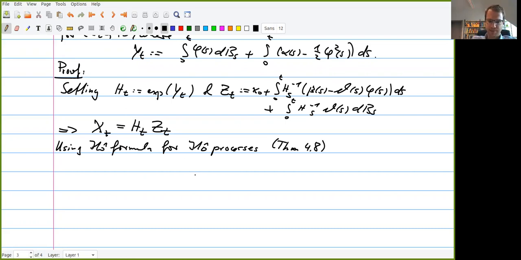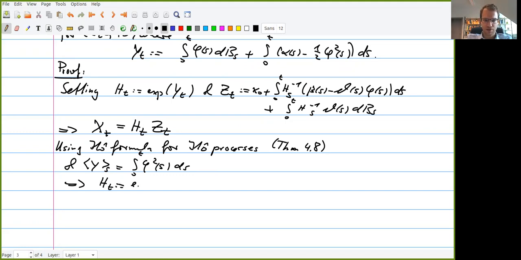And what we know is that if you have an Ito process, and why is y an Ito process, we can calculate its quadratic variation. Okay, so if you use this, what do we get? Well, h is, by its definition, y, and y is an Ito process. So we can do so.